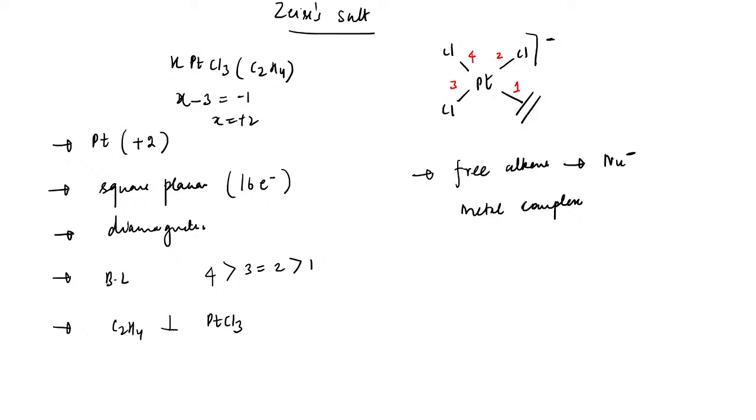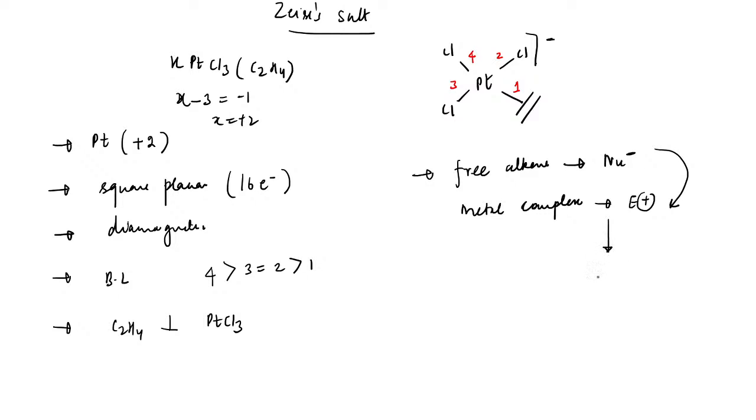Since it's a sigma donor ligand, it's donating electron density to platinum. Due to this, you have partial positive character on the alkene. So in metal complexes, the alkene is now electrophilic. The initial nature of the alkene is nucleophilic, and now it's behaving as electrophilic.